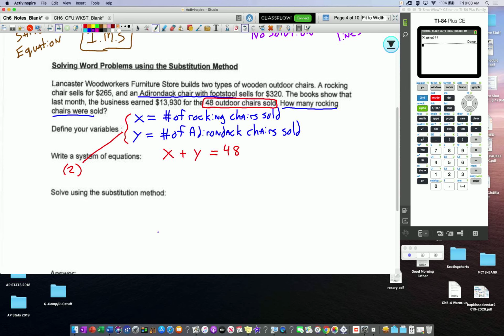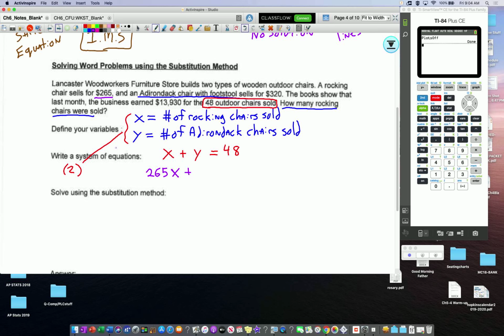My second equation comes with the money. So a rocking chair sells for $265. So I go $265 times the number of rocking chairs I sold, which is X. I don't know what that is. If I sold 10, I would have made $2,650 because I go 265 times 10. Since I don't know what it is, I put an X there.